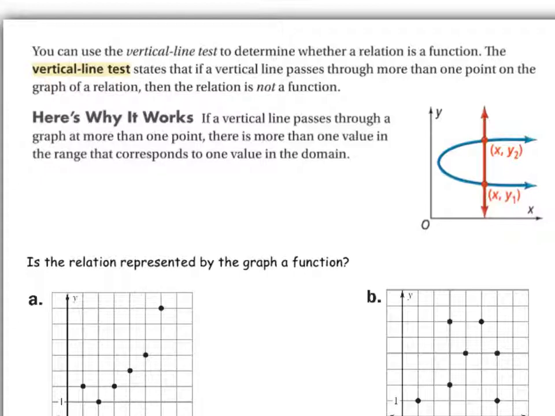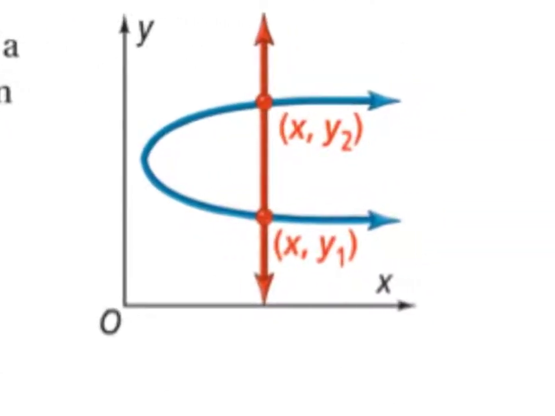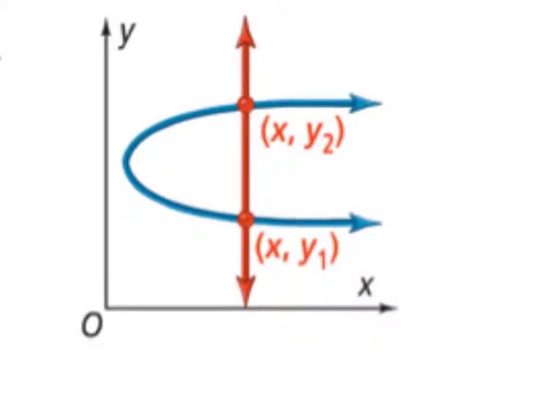Let's take a look at this graph here. So the blue is the relation we're talking about. And then the red line is our test. Okay? So you'd put in a vertical line, and we want to see, is this a function?